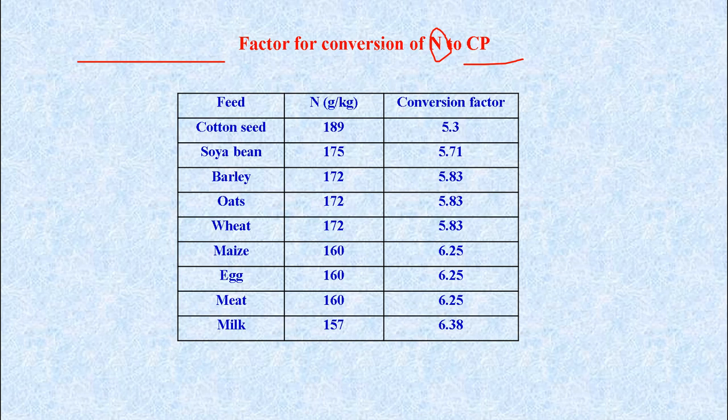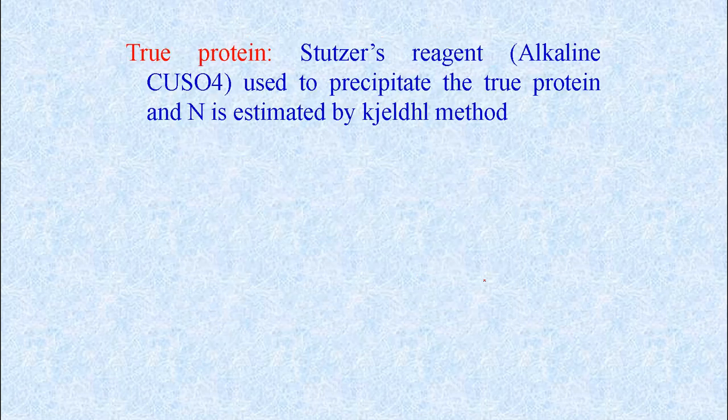The poultry egg, if you consume it as human beings, contains nitrogenous substance to the extent of 160 grams per kg. Then milk is also another source of protein in human food. Just for reference, these are all the different conversion factors.